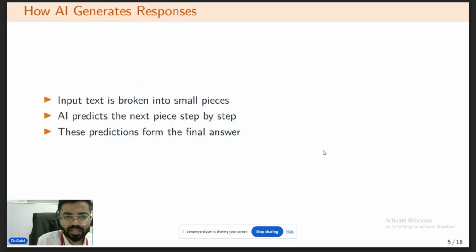Now, let us try to understand a particular aspect of how AI generates responses, because this is very important, and it is going to help us appreciate how exactly prompt engineering works.